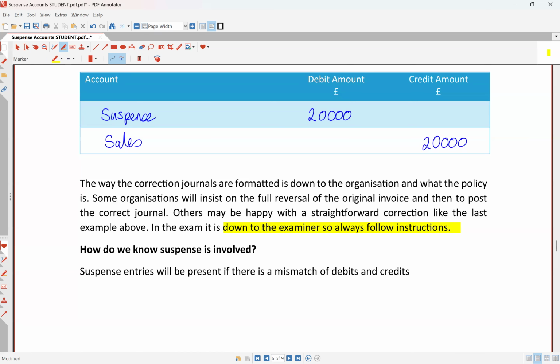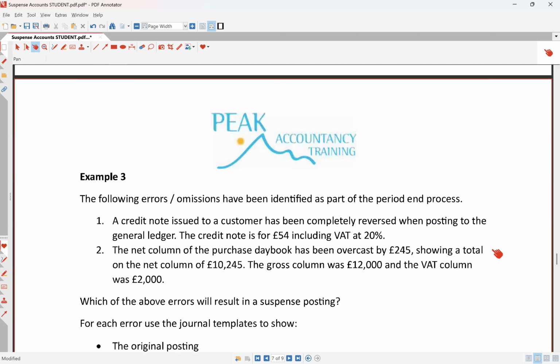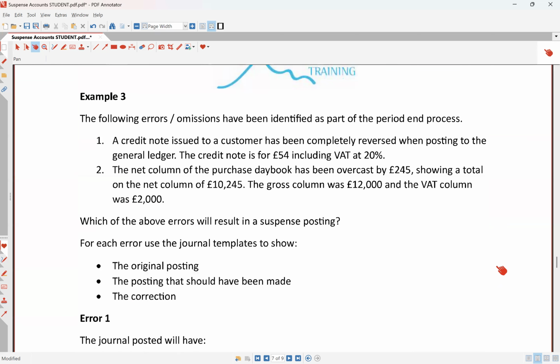Let's just have a look at another example. We've got example 3. The following errors and omissions have been identified as part of the period end process. I've got a credit note issued to a customer has been completely reversed when posted into the general ledger. The credit note is for £54, including VAT at 20%.